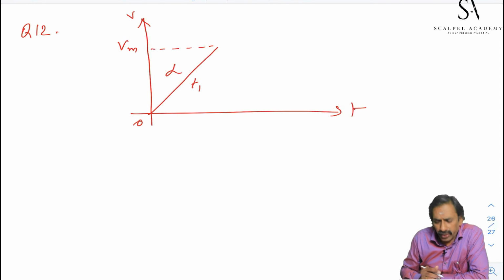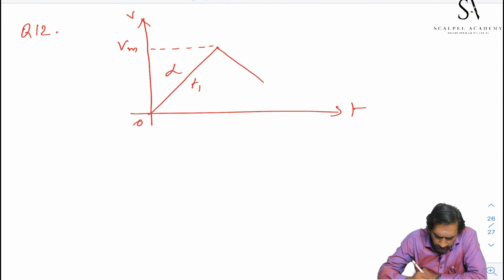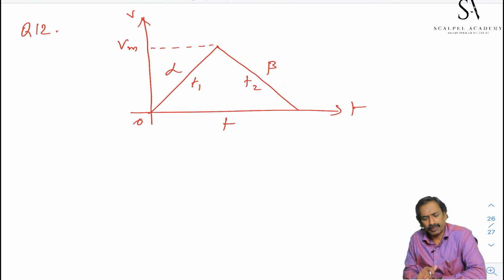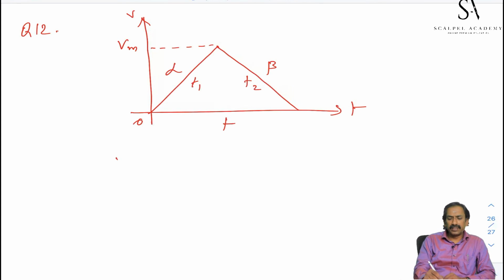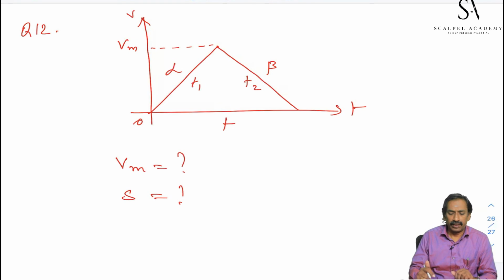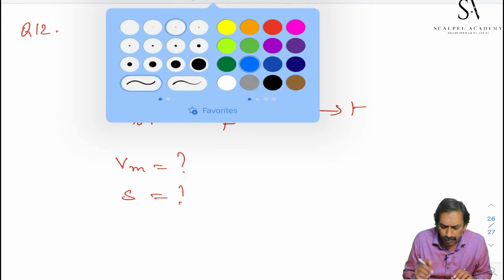And then it comes to rest with the uniform deceleration beta, time taken is t2, total time lapse is t second. What is asked? Maximum velocity attained, and total displacement in the time lapse t second. This is the question. Okay, shall we go to the problem?